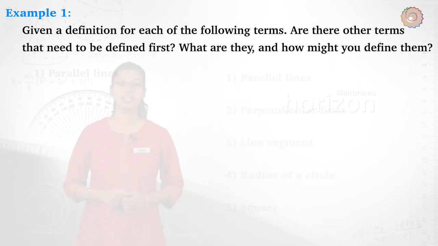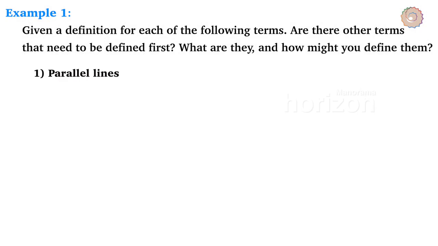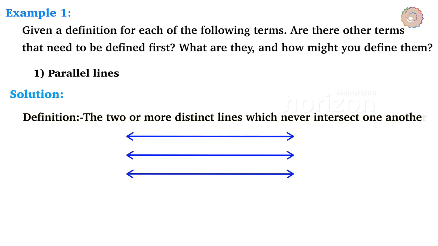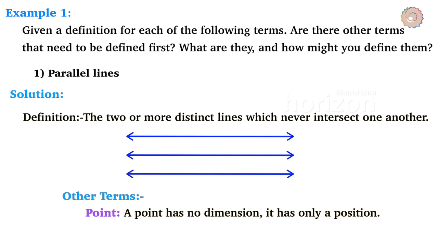Let's check it out. Let's first see parallel lines. They can be defined as 2 or more distinct lines which never intersect one another. To define parallel lines, we need to know about point and line. A point has no dimension, it has only a position, and a line is breadthless length.